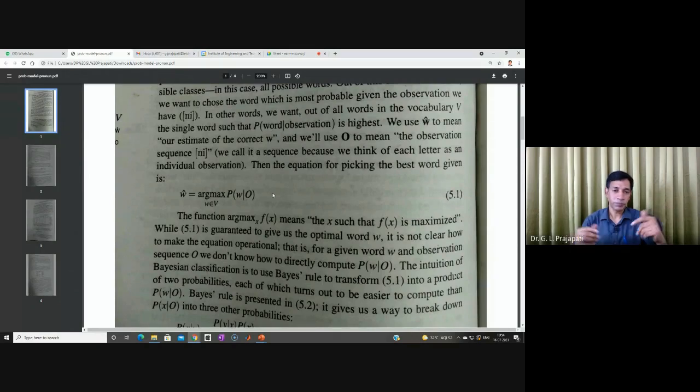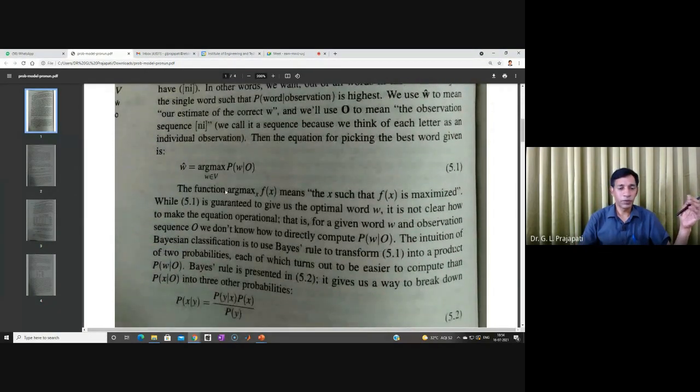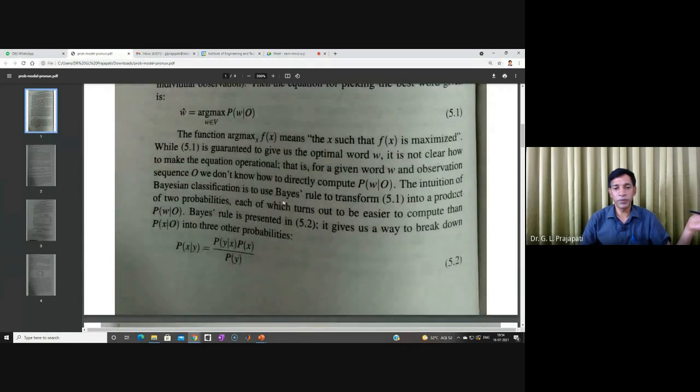This is what you are going to determine, but it is very difficult to determine the probability of the word given the observation. So you can go for Bayesian inference and use the Bayes rule to transform this. How can you compute this?